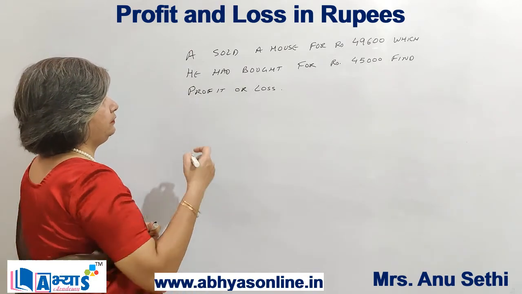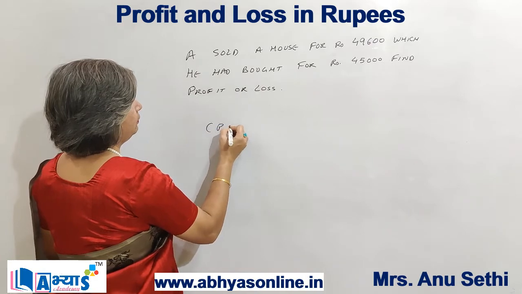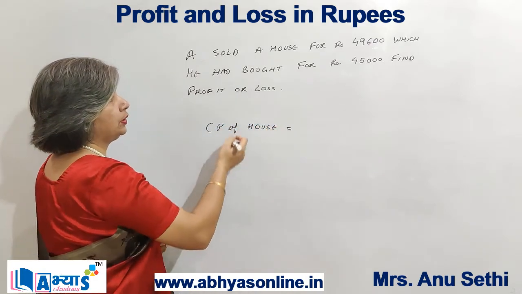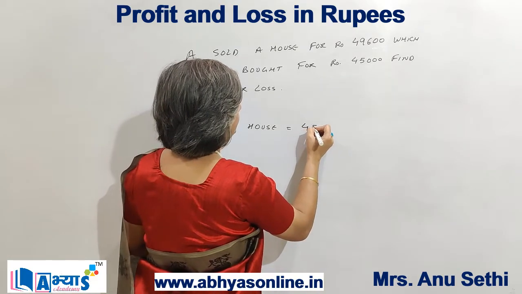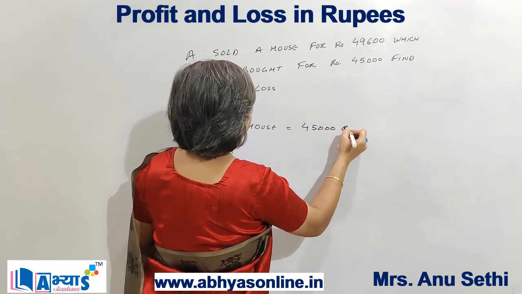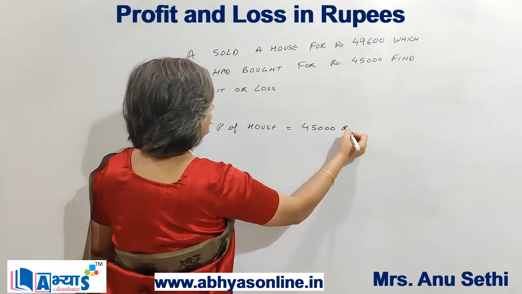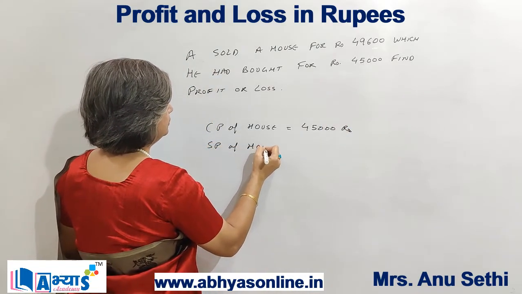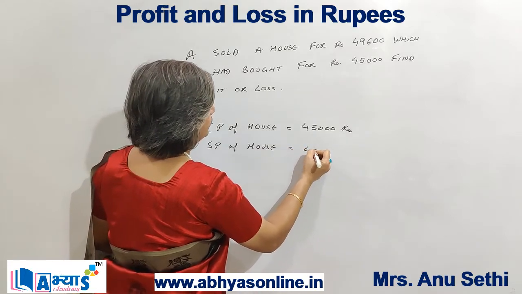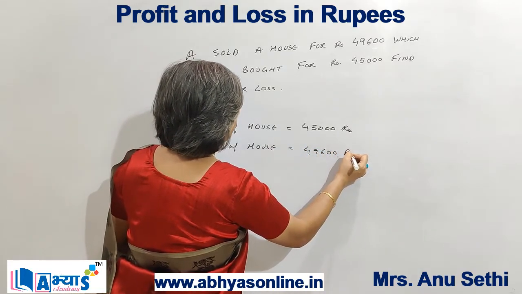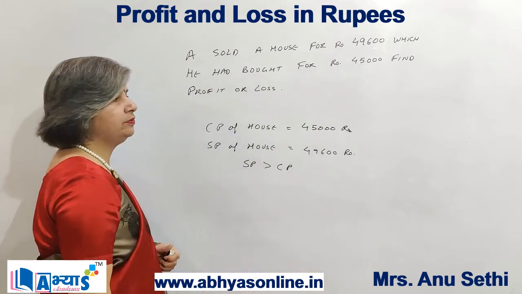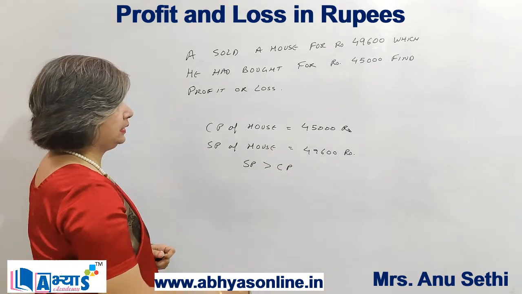The CP of the house, that means the amount at which the house was bought, is 45000. Now the selling price of the house is 49600, and we see that the selling price is more than the cost price. That means we are making profit by selling that house.